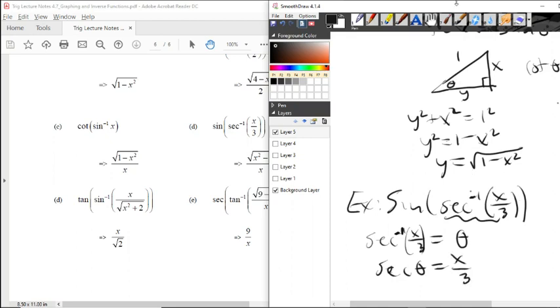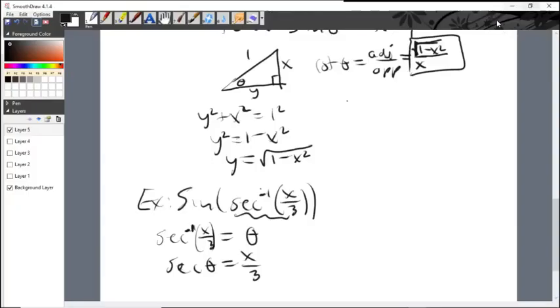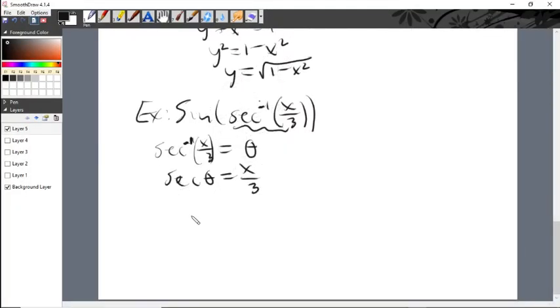Let's represent that with a right triangle. We can draw a right triangle with an angle theta in it. Secant is the reciprocal of cosine, so this is the hypotenuse over adjacent. So the hypotenuse of our triangle can be x, and the adjacent side can be 3.